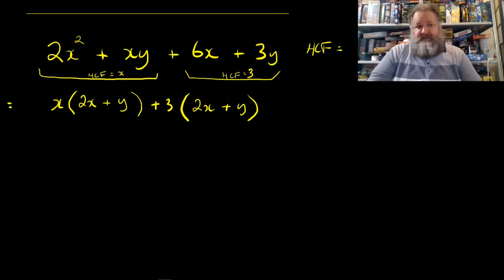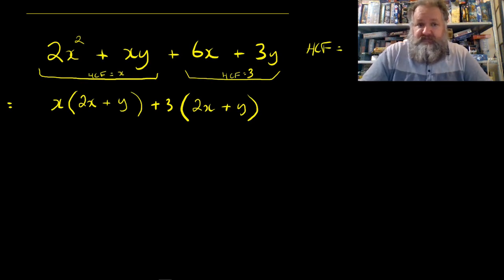Now, I hope that you can see that if I've done this correctly, I'm going to end up with a common factor inside of these brackets between these 2 terms. Okay, so now I am back where I've got a common factor between these things.